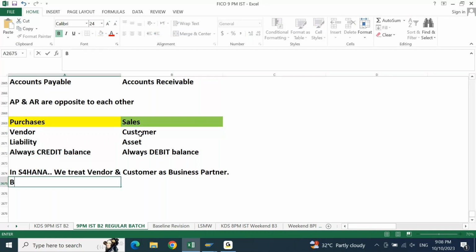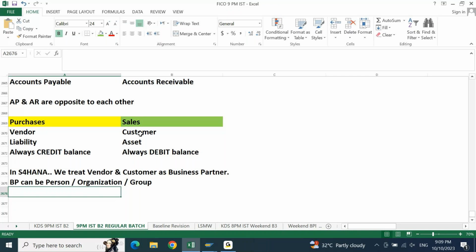Normally you will be using person or organization. Let me put it down: BP can be person, organization or group. You call it a person if it is an individual. You call it an organization if it is a company.